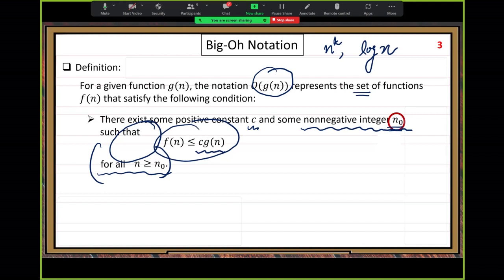It must be true, because this n is a variable. We can change the n variable. But when you change the n variable, you cannot change n0 anymore. After you choose it and fix it, when you change the n value, making it larger and larger, you cannot change this n0 anymore.